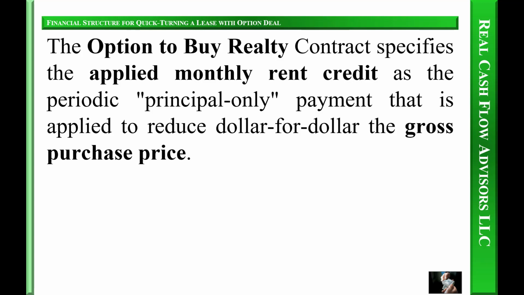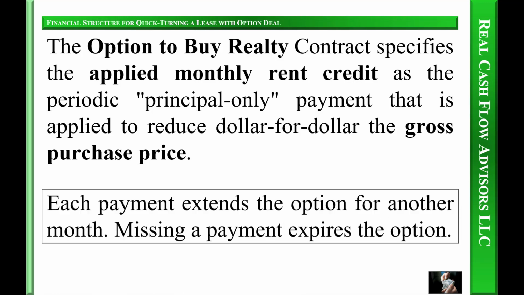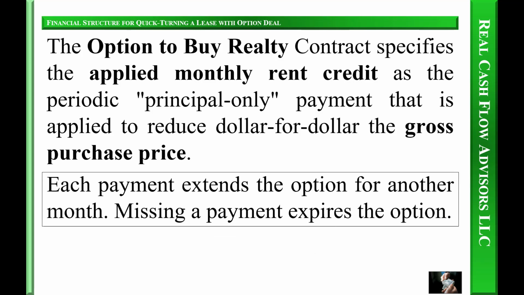The option to buy realty contract specifies the applied monthly rent credit as the periodic principal-only payment that is applied to reduce dollar for dollar the gross purchase price. Each payment extends the option for another month. Missing a payment expires the option.